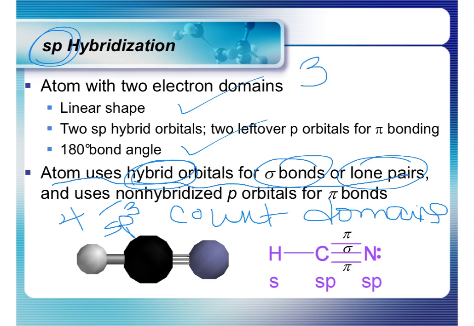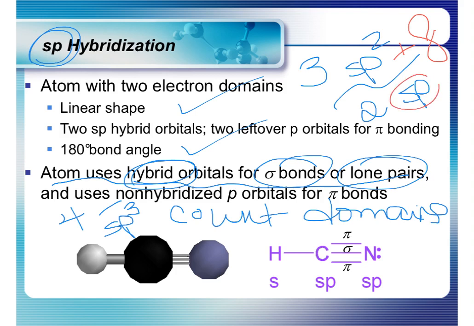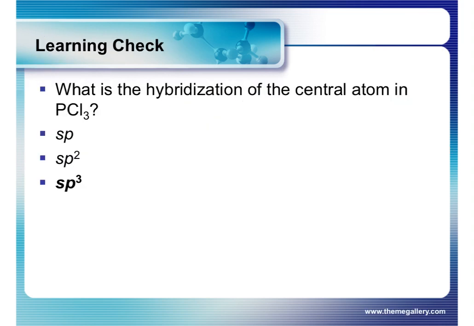If you have 3 electron domains, you need 3 hybrid orbitals, which means it's sp2. If you have 2 electron domains, you need sp. Now, of course, if you have sp2, you have a leftover p orbital to make a pi bond. If you have sp hybridization, you have 2 leftover p orbitals to make 2 pi bonds.